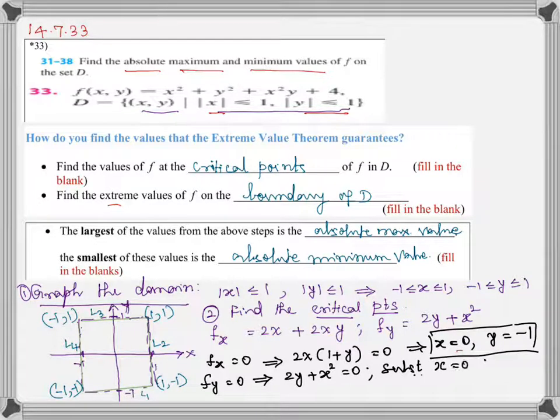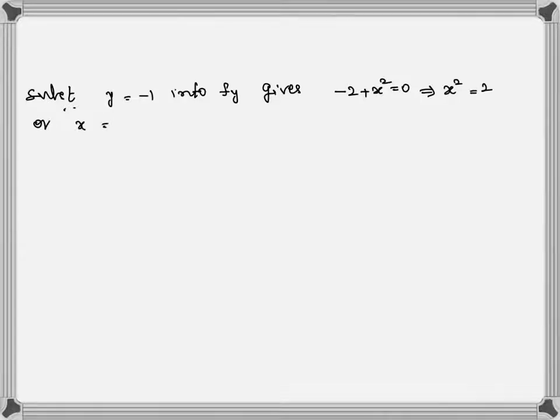Substituting y equal to -1 into fy equal to 0, we get -2 plus x squared equal to 0, which would mean x squared equals 2, which would mean x equals plus or minus square root of 2.